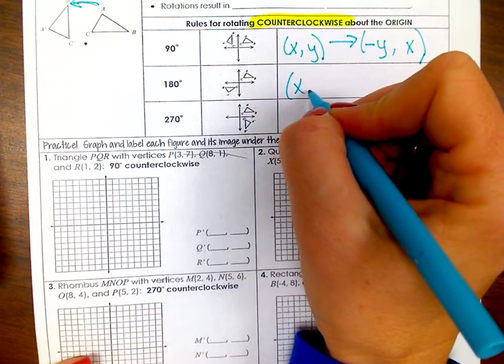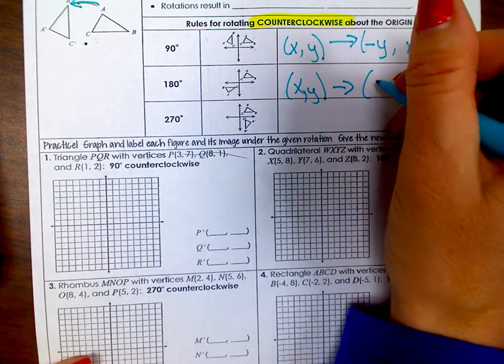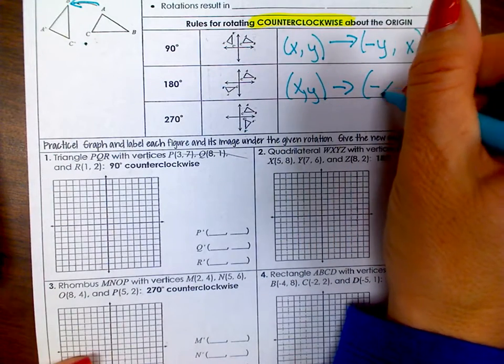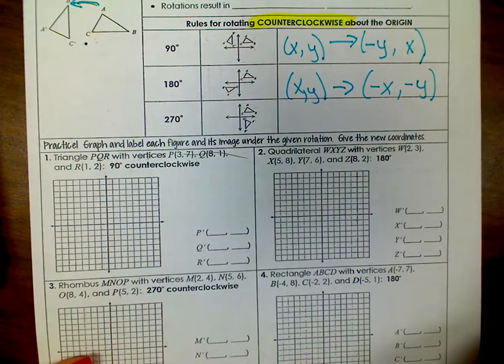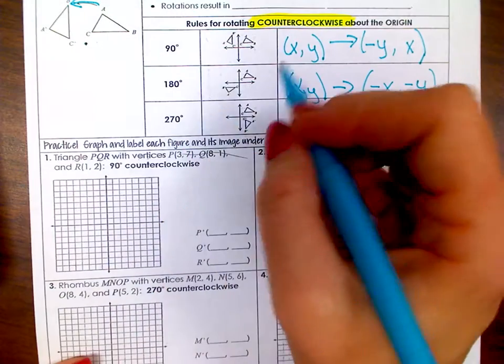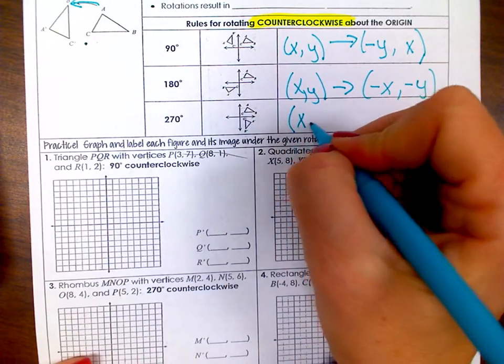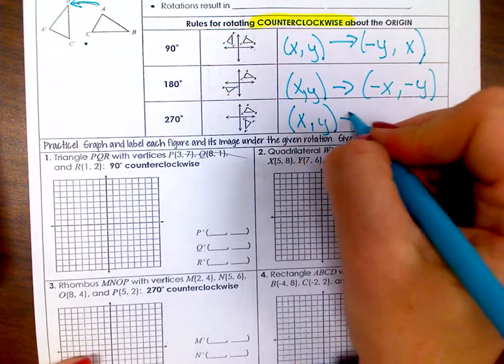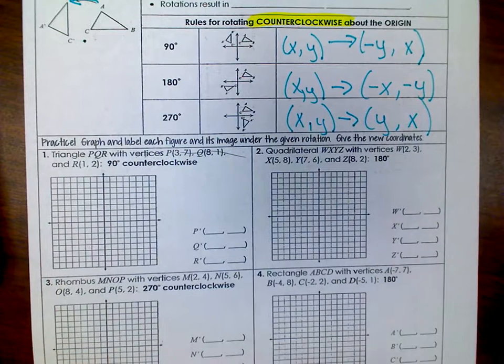Rule for 180 degrees: everything changes. (x, y), everything changes. It's the opposite. 270: (x, y) goes to (y, x).